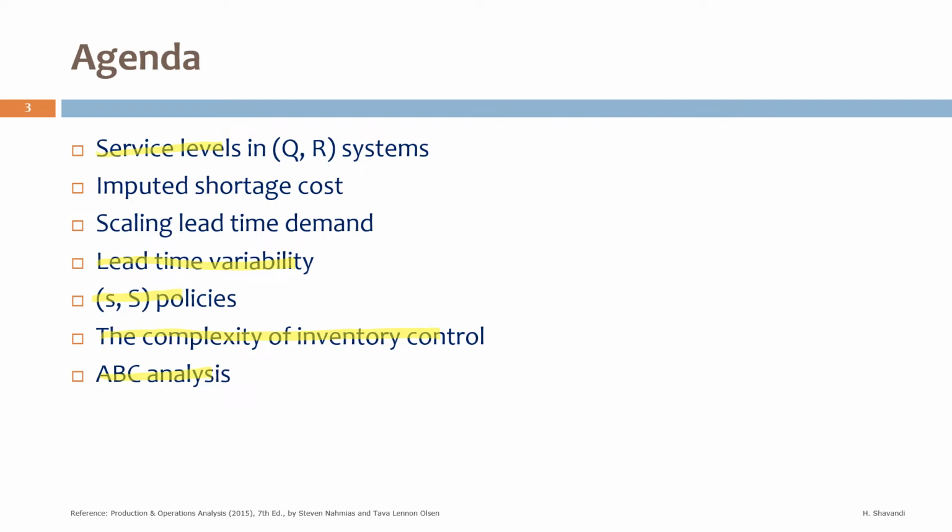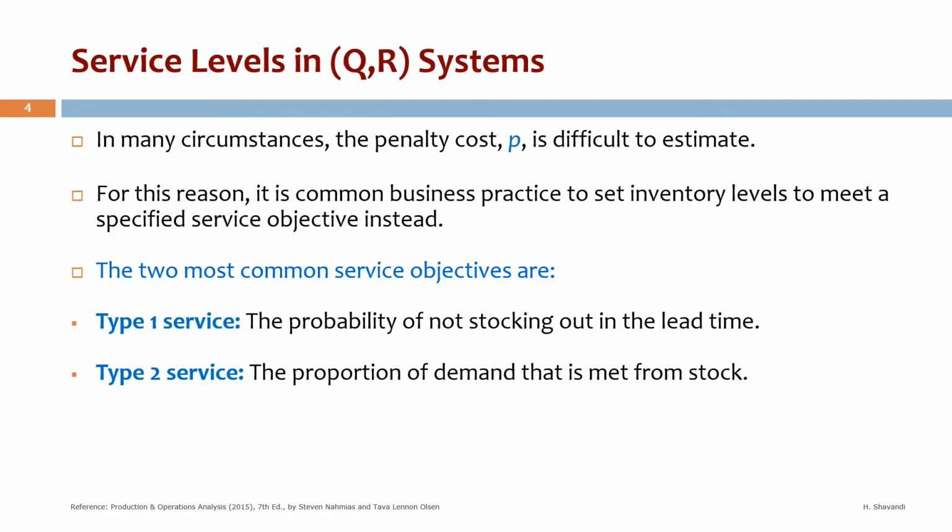Okay. In the QR model that we had in section 2 last week, if you remember, we had the penalty cost, right? We considered a penalty cost p for each unit short during the lead time.